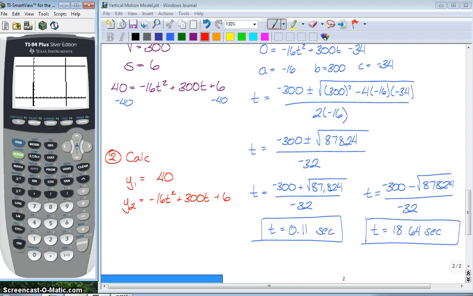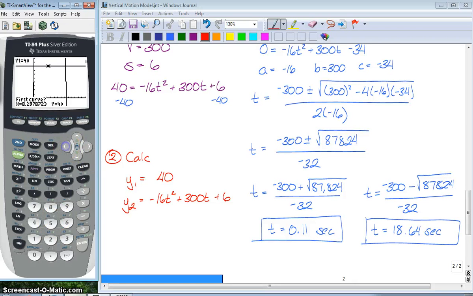And now we can see the parabola a little bit more. It's not perfect, but what we're looking for are the intersection points, which I can see both of them right now. It's kind of hard to tell, but the parabola starts right here, goes up, and comes back down at some point. So in order to find the intersection points, we use second trace, 5 for the intersection.